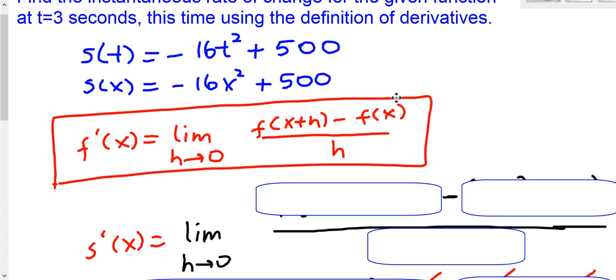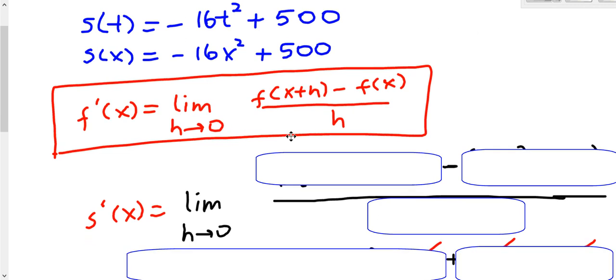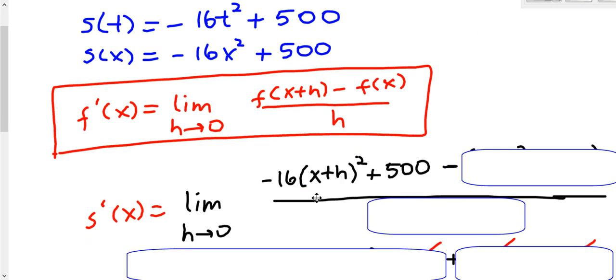So our f of x is this function. It's really, we have s prime of x equals the same equation, but s of x plus h minus s of x, depending on the function. This is generally for any function. So let's start it. Excuse me. So replace x with x plus h. That's what this first quantity is telling us. To find the derivative, replace x with x plus h, which I did.